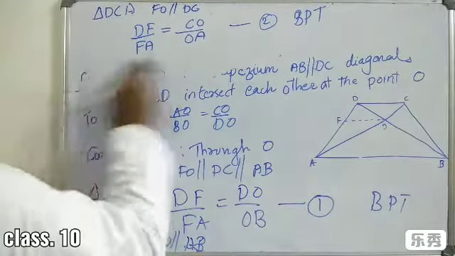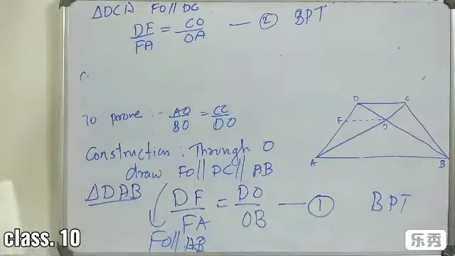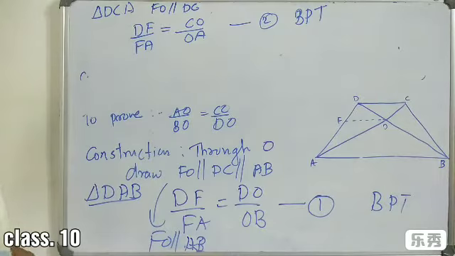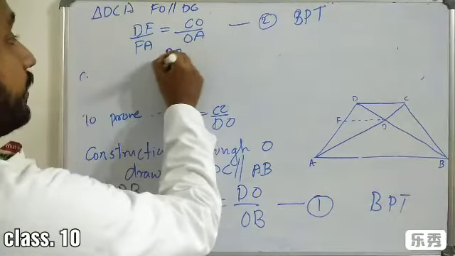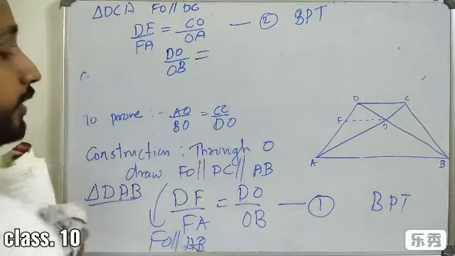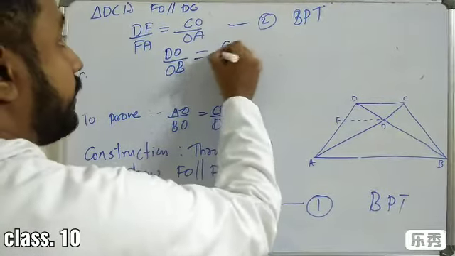So from 1 and 2, the LHS of 1 and the LHS of 2 are equal, so obviously the RHS are equal. So DO by OB is equal to CO by OA.